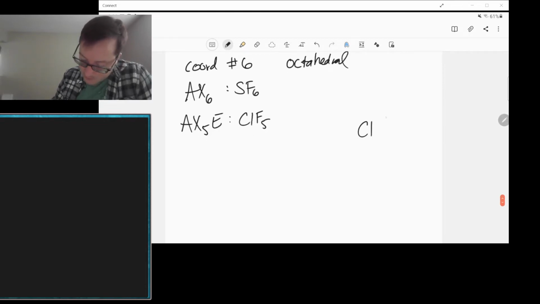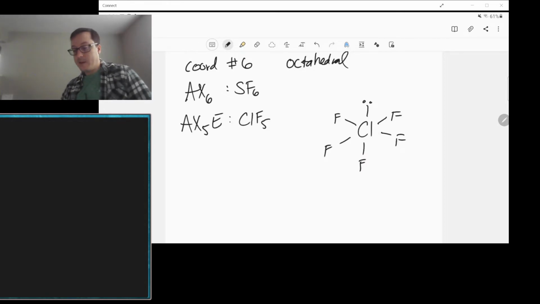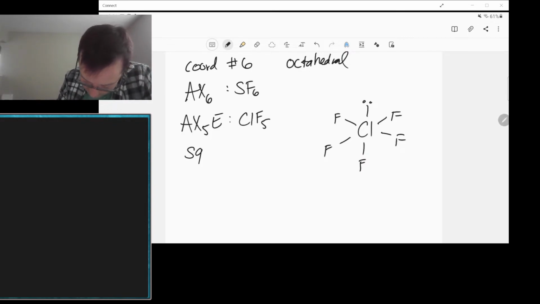Do your geometry. It does not really matter where we put the lone pair because everything was 90 degrees. And so we're going to end up just choosing where to put it. And as a result, if we pretend it's not there, we end up with a shape that is square pyramidal.